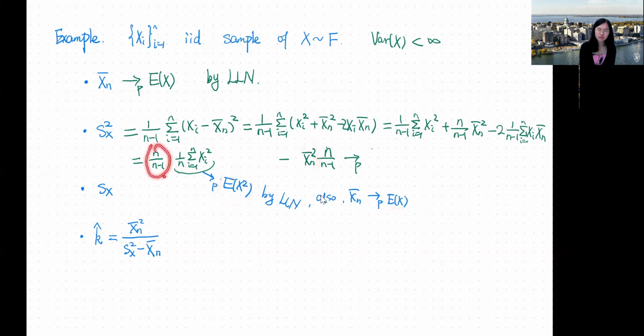N over n minus 1 converges to 1. Therefore, this whole thing converges in probability to E of x squared minus the square of E of x, which, recall, is another form for the variance of x. So this adjusted estimator for the population variance is consistent for the population variance.